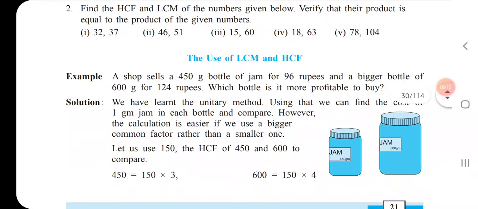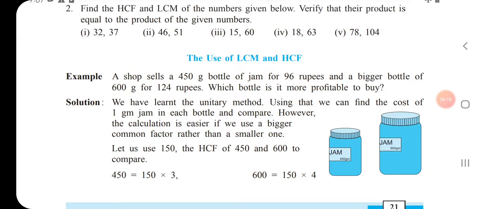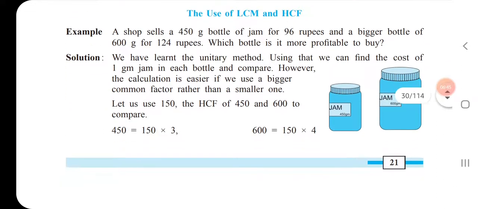Now this HCF and LCM can be used for a number of applications. Wherever in a question the word greatest is coming, surely we have to calculate HCF, and when the word lowest or smallest is coming, we have to calculate LCM. Also with the help of the formula HCF into LCM is equal to the product of the given numbers, we can solve problems.